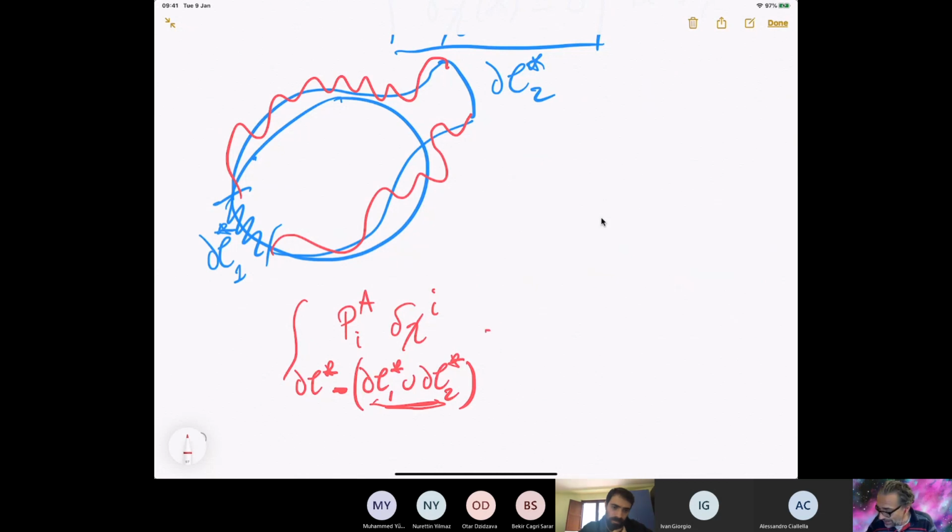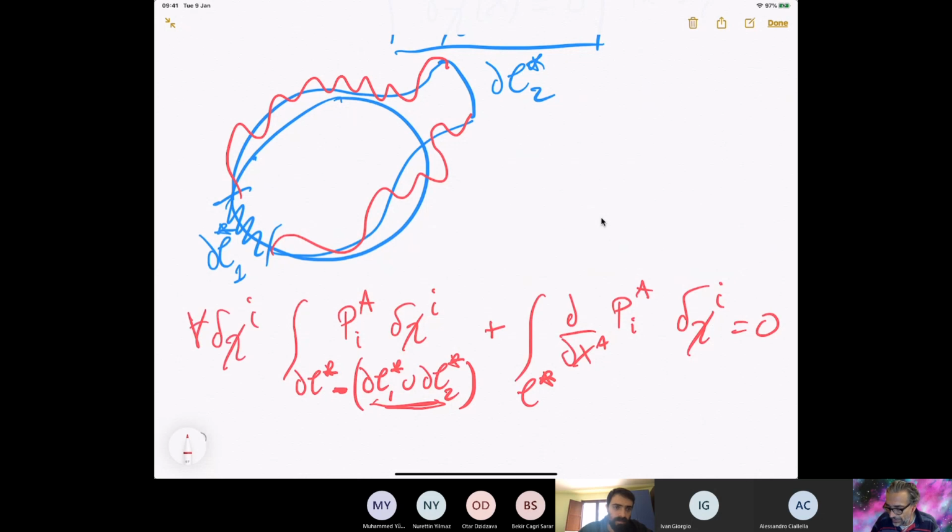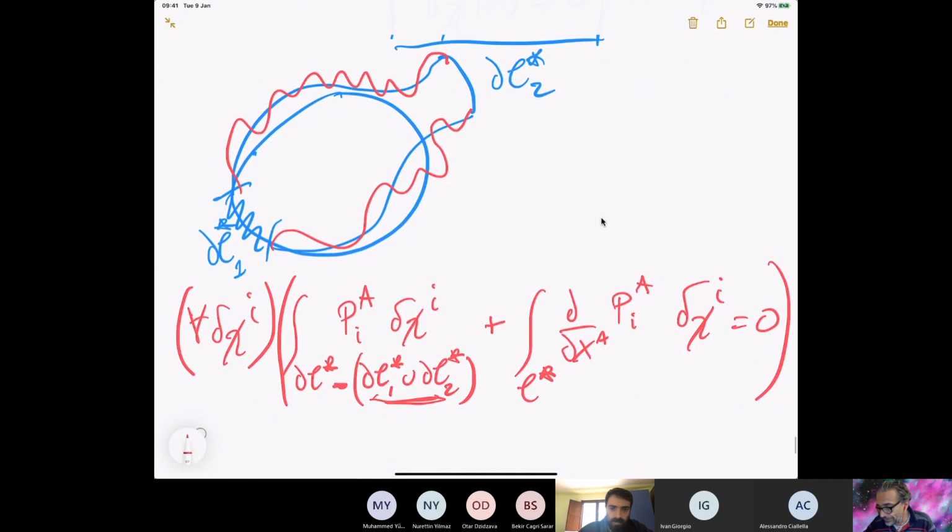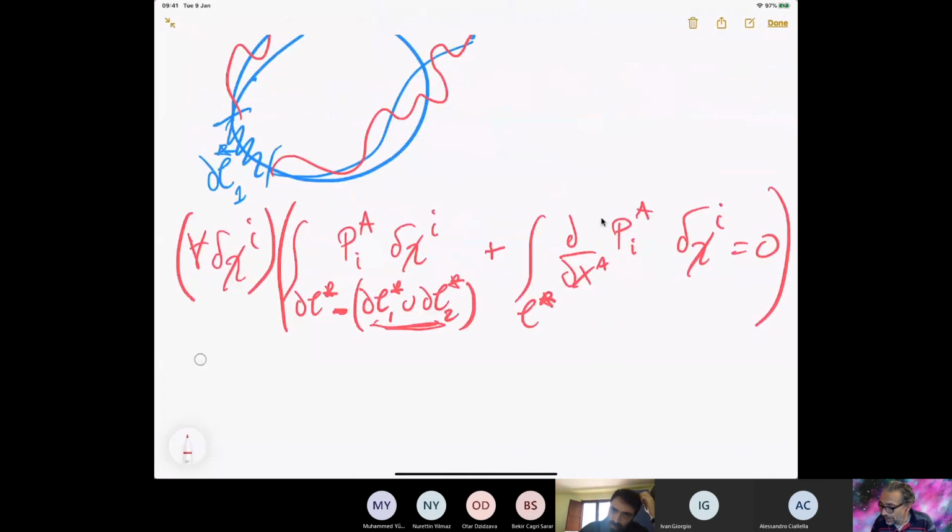Then you have plus the integral over C star of d over dx_A of P_iA delta chi_i equals 0 for every delta chi_i.